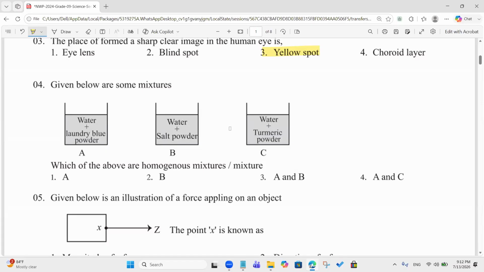So what is a homogeneous mixture here? Water and laundry blue, no, with time the laundry blue deposits at the bottom. Water and salt is okay. Water and turmeric powder also does not dissolve completely. Therefore the answer is B.